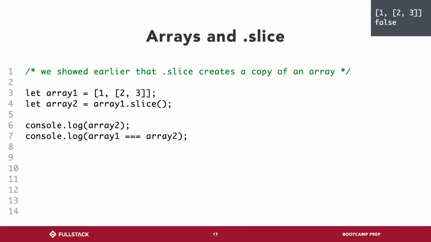It's still false, because it's a copy. Because you sliced it, even though you're not slicing the thing inside of that. Even though this is complex, you're still slicing this. So it's returning a different copy of this entire array. The entire array is different, so they're not equal. Still.